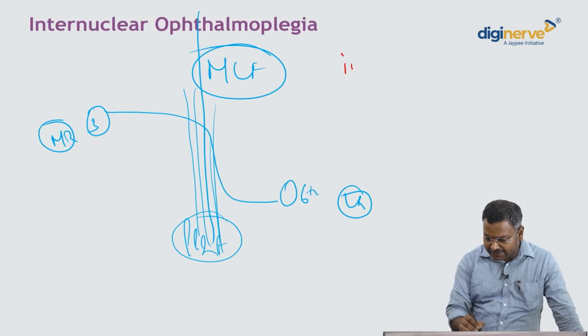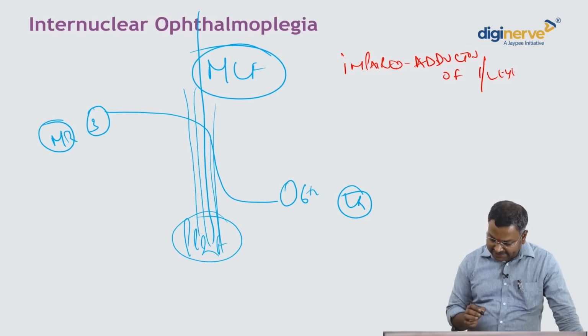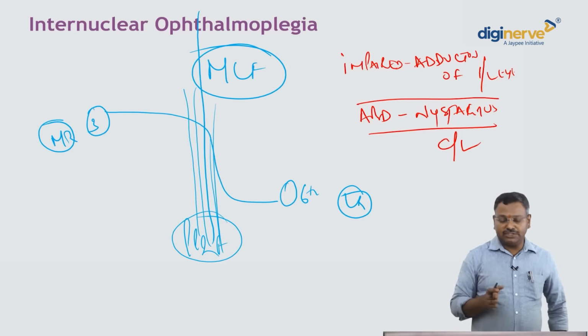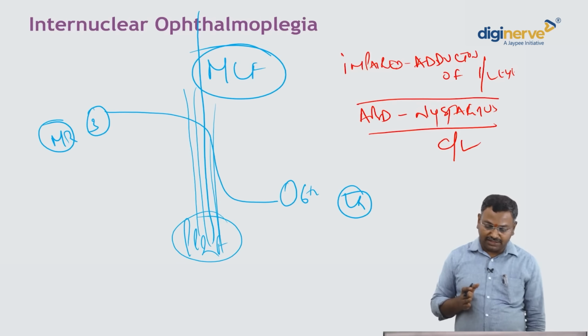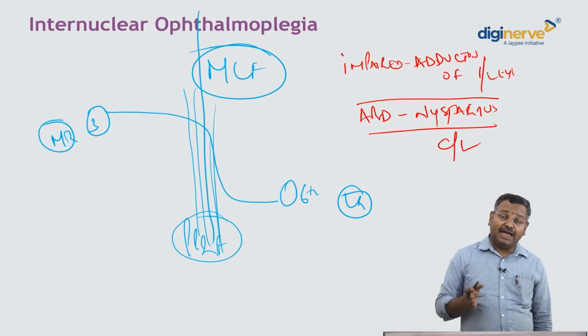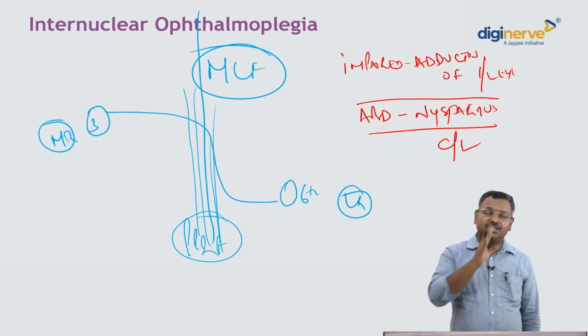Here there is impaired adduction of the ipsilateral eye. So adduction is impaired. And you have abducting nystagmus in the contralateral eye. Supposedly if you have a right-sided MLF involvement, you will have impaired adduction in the right eye, and the left eye will show an abducting nystagmus, because when this side adducts, the other side should abduct, right?